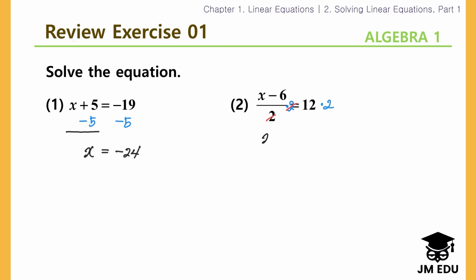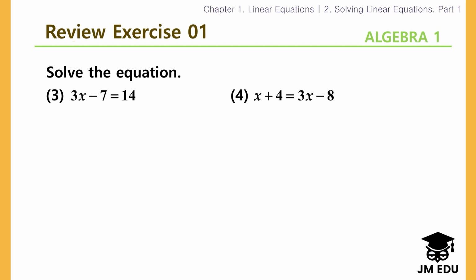So we have x minus 6 is equal to 12 times 2, 24. Now add 6 each side to eliminate negative 6 on the left hand side. So on the left hand side we'll have x. On the right hand side, 24 plus 6, that's 30.